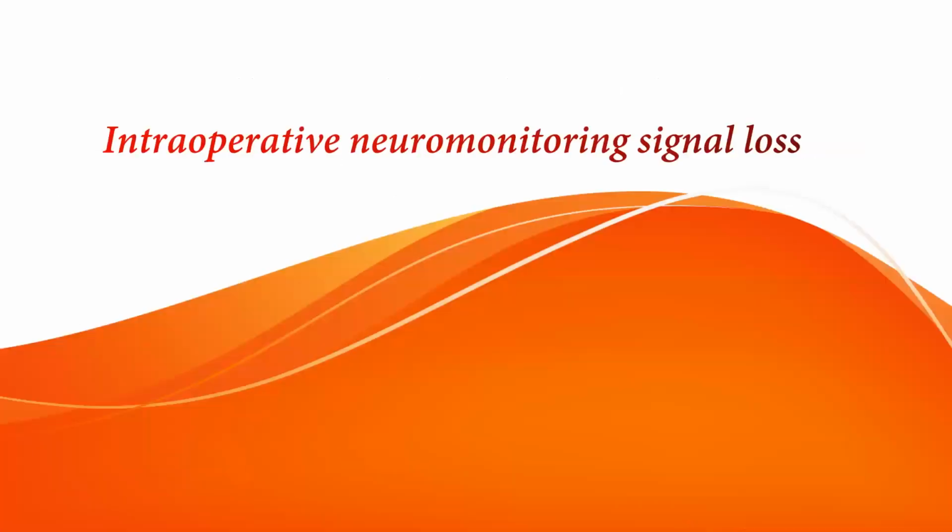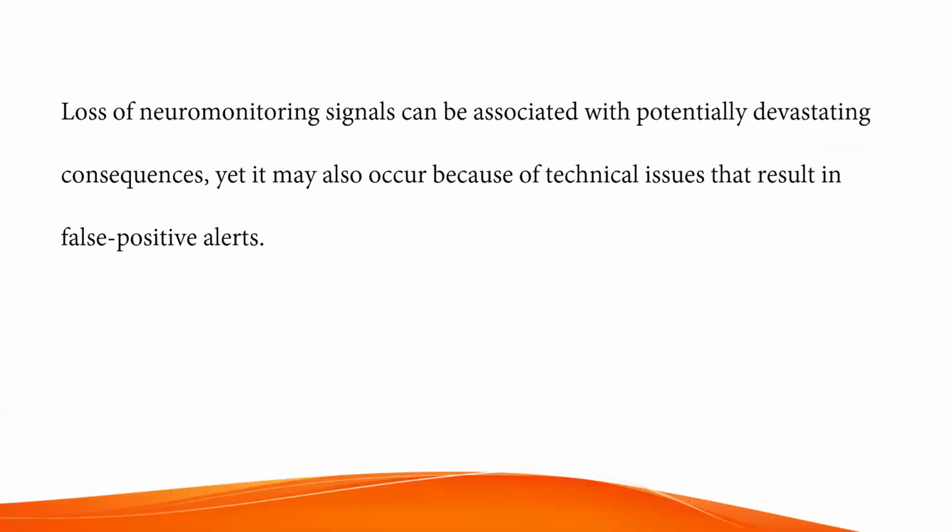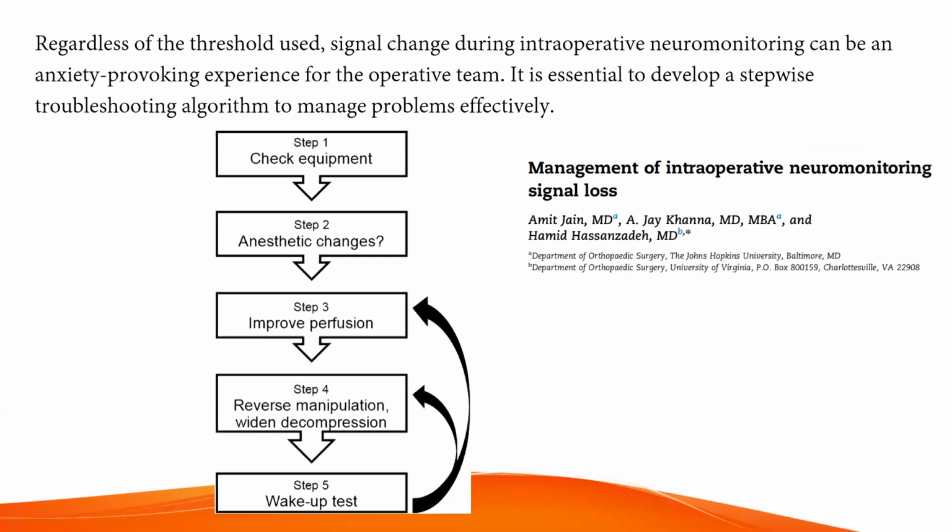What do we do when there is signal loss? Whenever there's a loss of signal intraoperatively, it is a stressful situation for all. Sometimes it may be a technical error, maybe a false positive alert. To address that, an algorithm is followed to find where the error is.